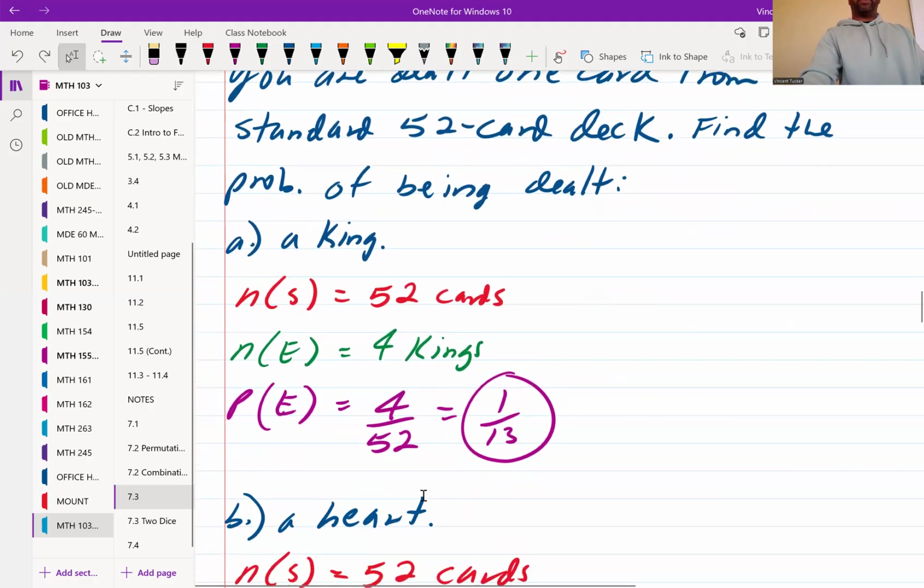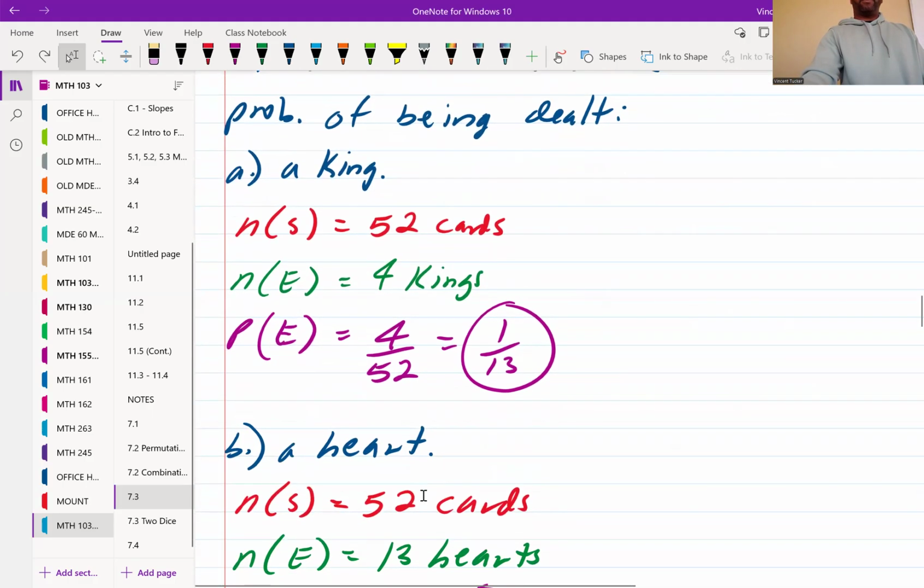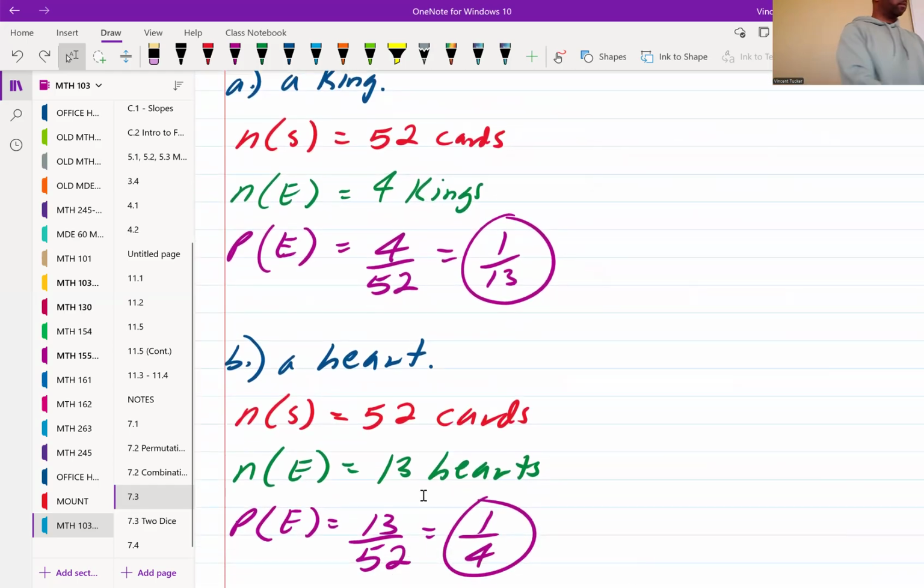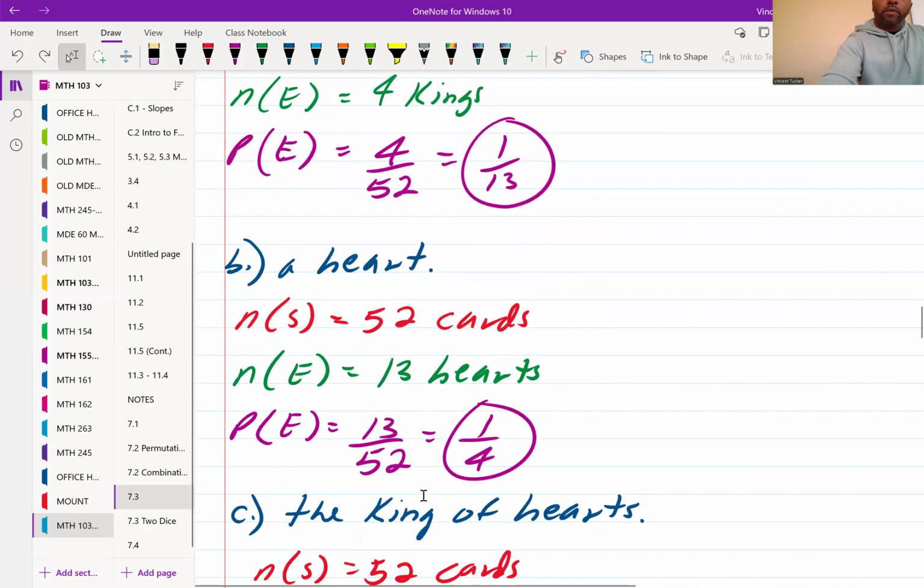All right. Next one was the probability of getting a heart. All right. 13 hearts.